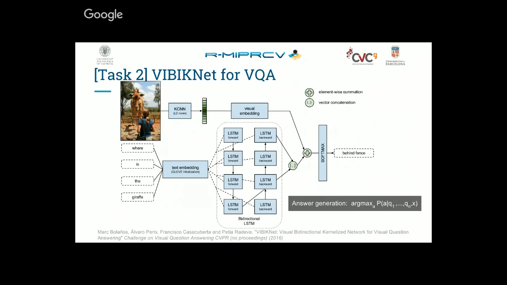And additionally, we used a bidirectional LSTM for representing this question. And finally, for combining both modalities, we just applied the element-wise summation on the components and applied the softmax. In this case, for generating the answer, as I said before, we take into account the whole question and the image, so we don't generate it step by step.